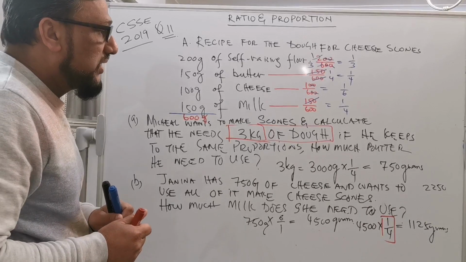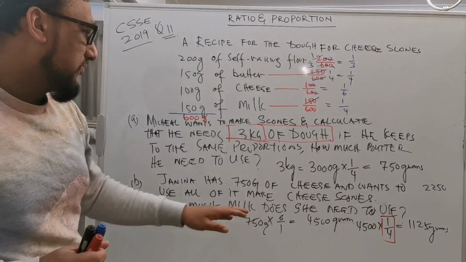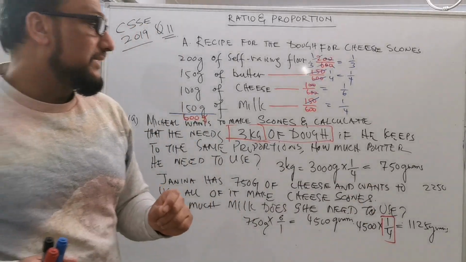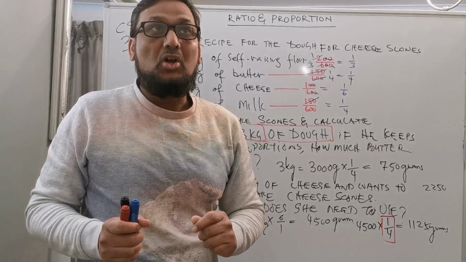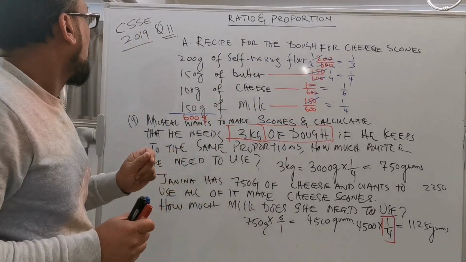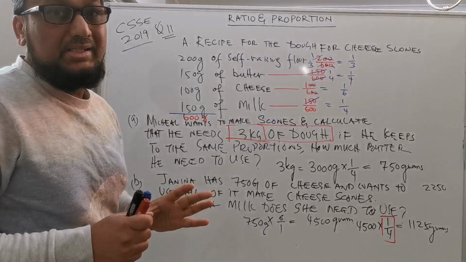So the total grams they are using for milk is 1,125 gram. So this is for CSSE 2019 question number 11. Very simple, very easy.